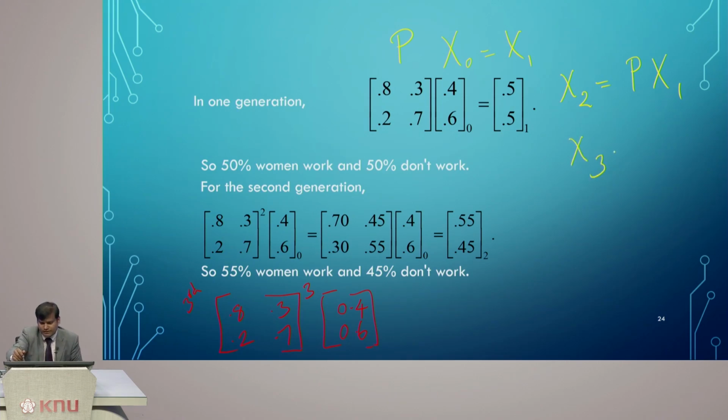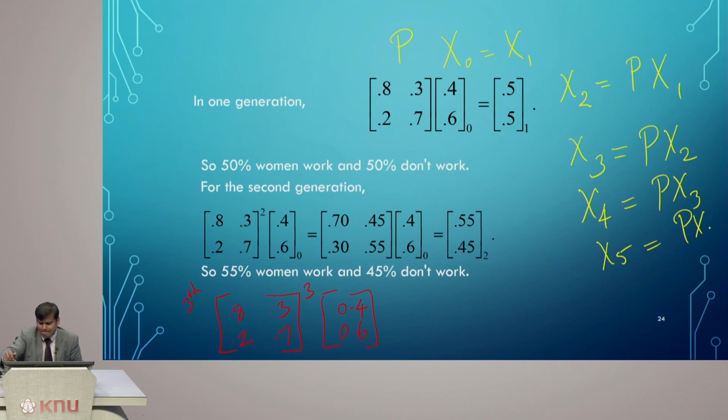If you want to do x3 for the third generation, you can use the second generation. For x4, the whole process can be repeated again and again. In the same way, on the other hand, we know that this is like P squared or P power 3. You can look at it in other ways.